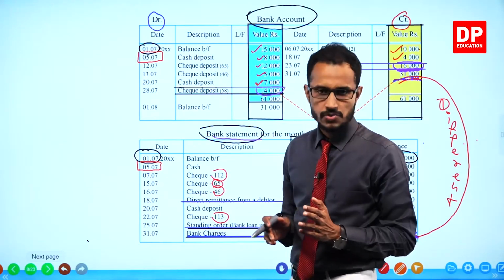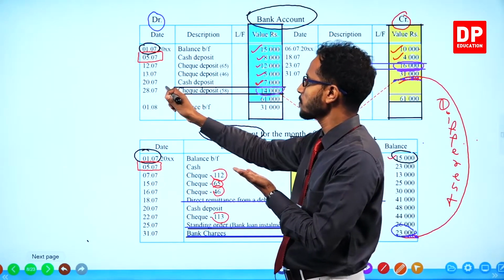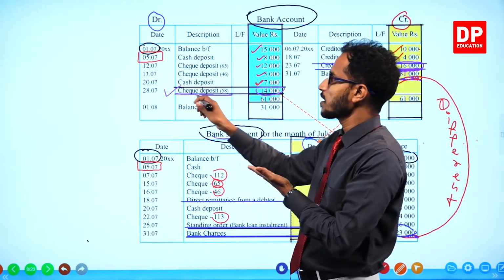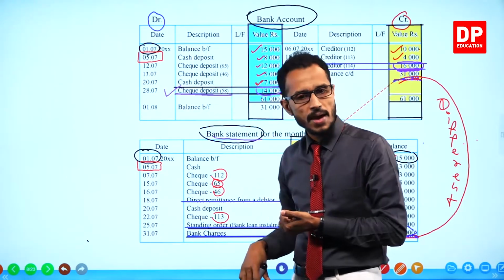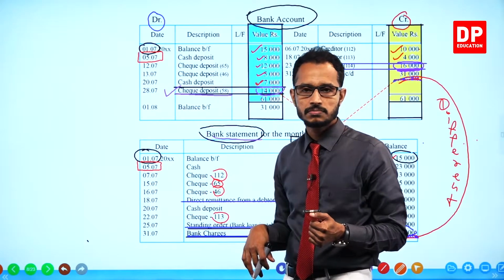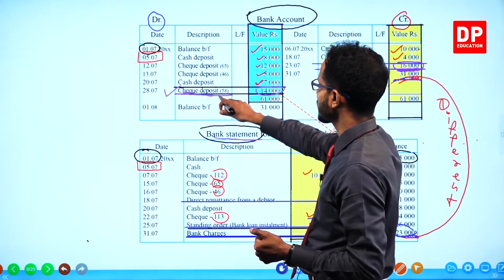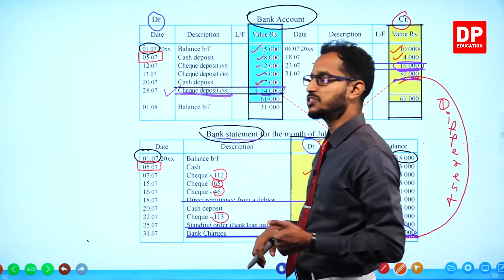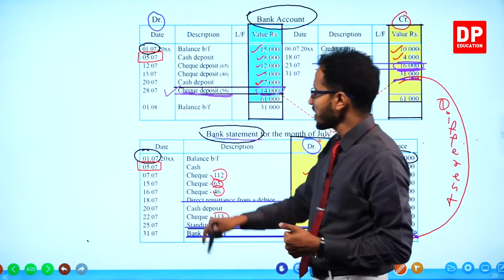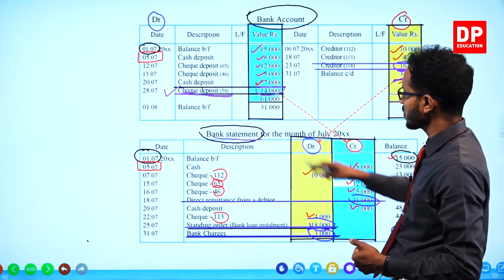Students, my dear children, there is one check in the bank account. I'm talking about this check. It is on the debit side of the bank account, which means we have received a check. Check number 58. A check which we have received. But it is not appearing on the bank statement.